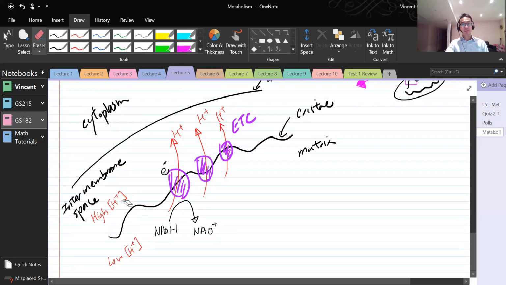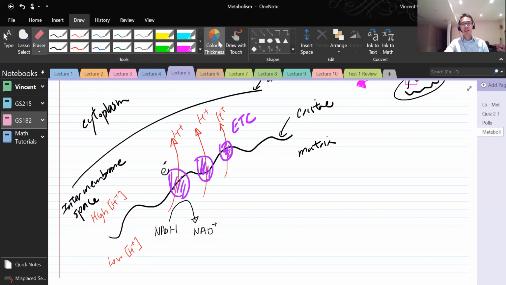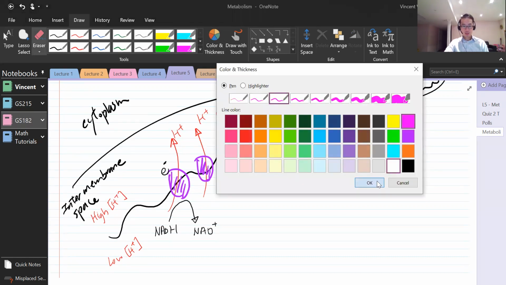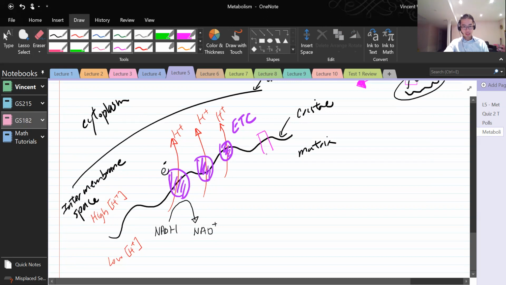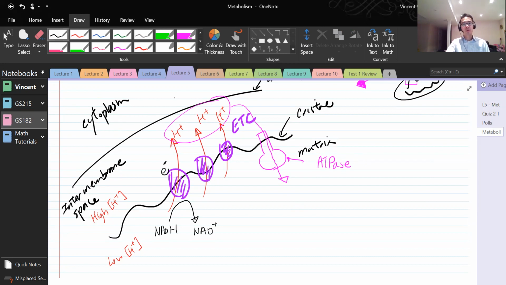So the only way for the H plus to come back in is through a special protein that looks like a little doorknob. It actually does. These H plus will go through this special doorknob protein. This is called the ATPase, or ATP synthase, depending on what you read, doesn't really matter.